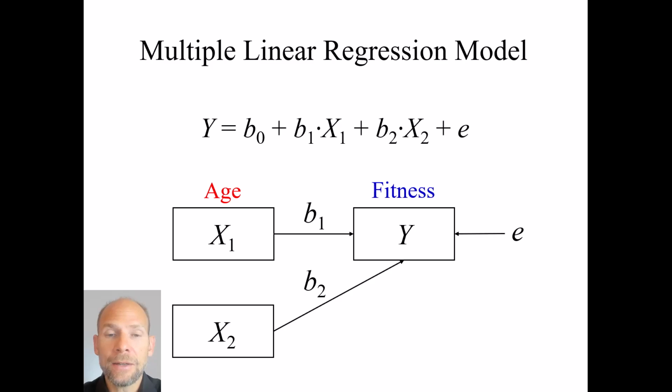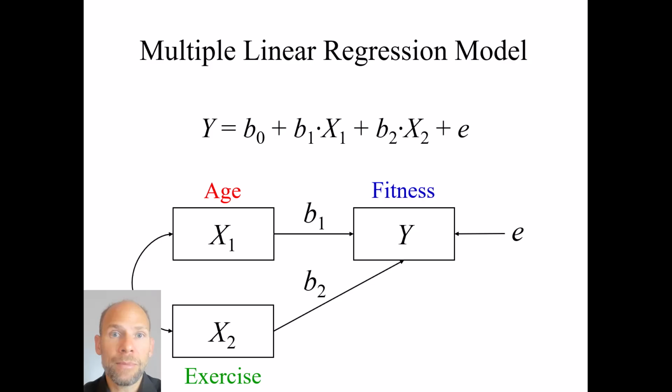And then second, we have our predictor x2, which may be exercise. So maybe the amount of hours that individuals spend on exercise, such as jogging or weightlifting or going to the gym. And those two predictor variables may be correlated.